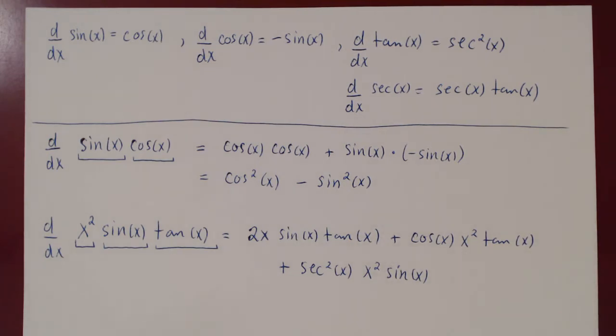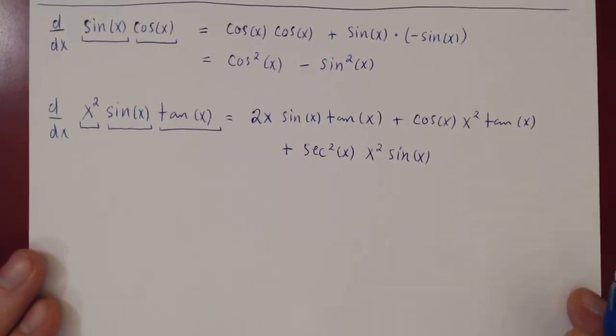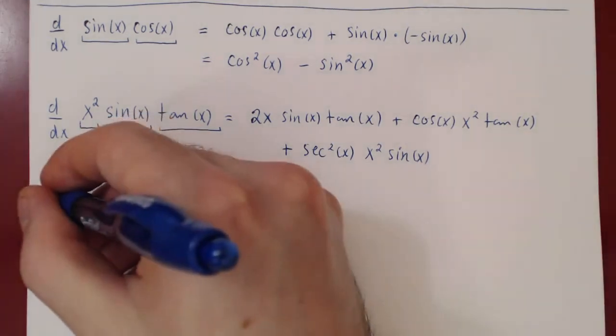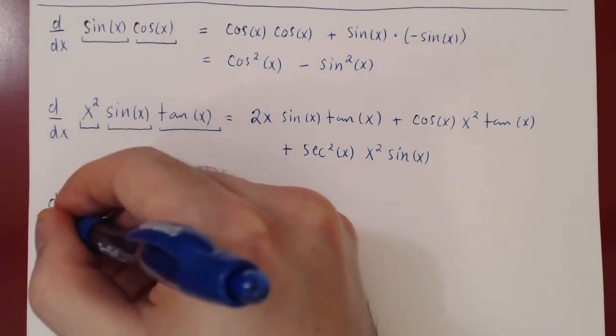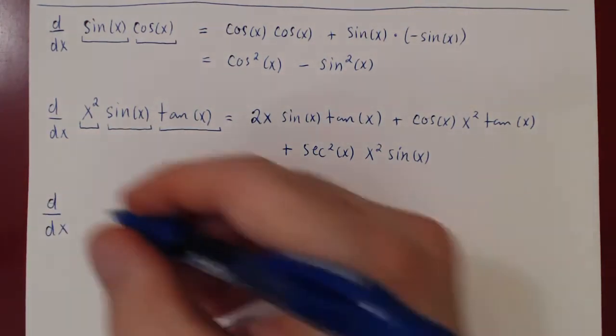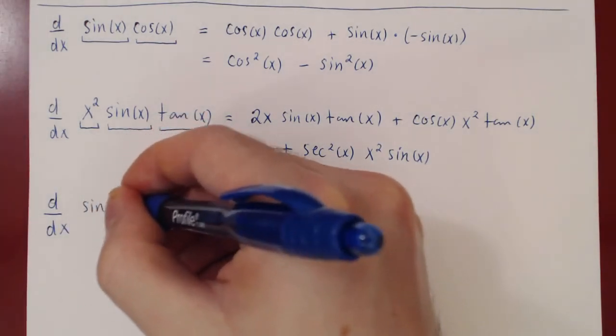Let's consider now an example involving the chain rule. So what if we said the derivative, see where we have to be careful, of sine of x squared.